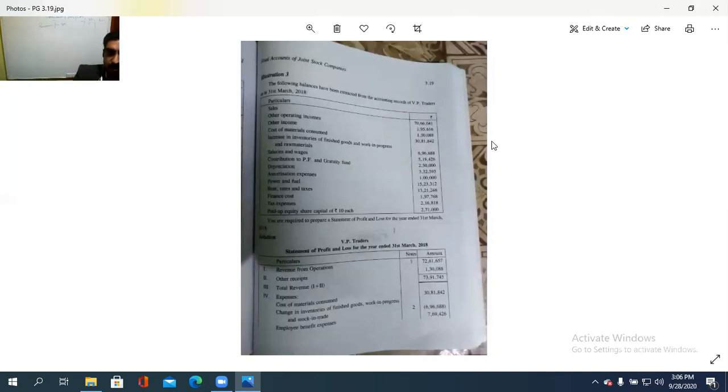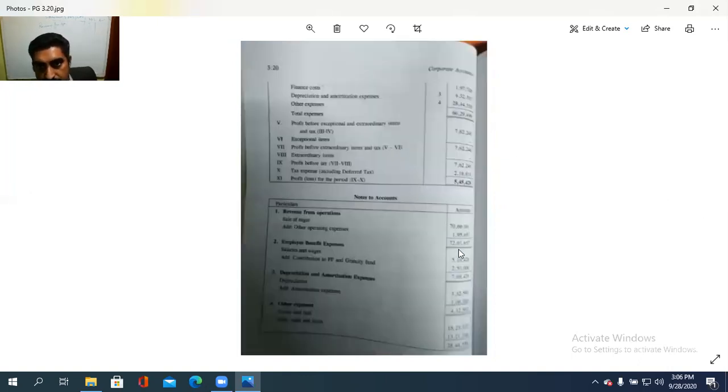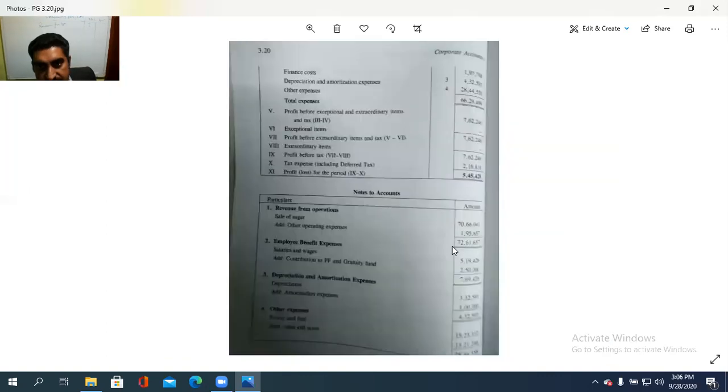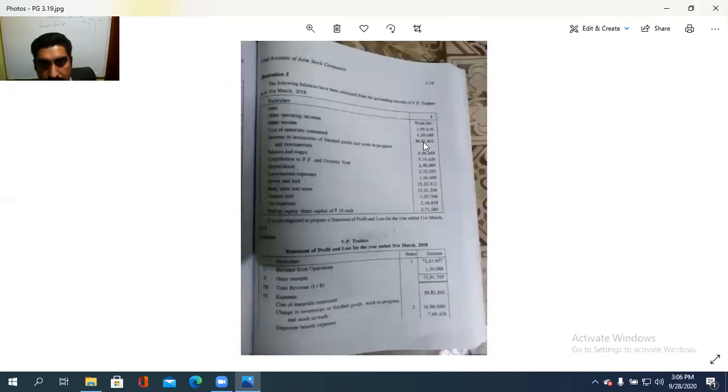Instead of 195,616, it is 195,657. So that is 72,61,657.